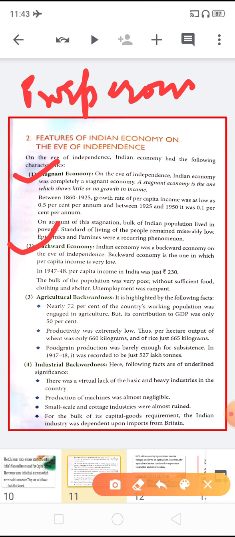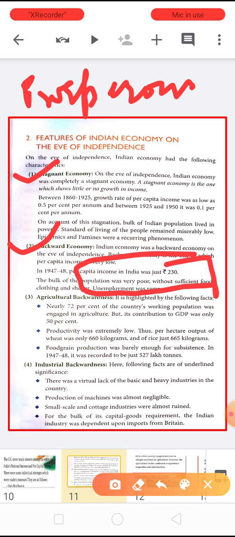This income is considered quite low. The bulk of the population remained poor without sufficient food, clothing, and shelter, and unemployment was widely rampant everywhere.